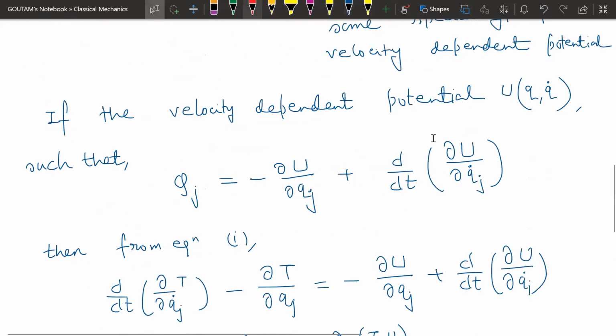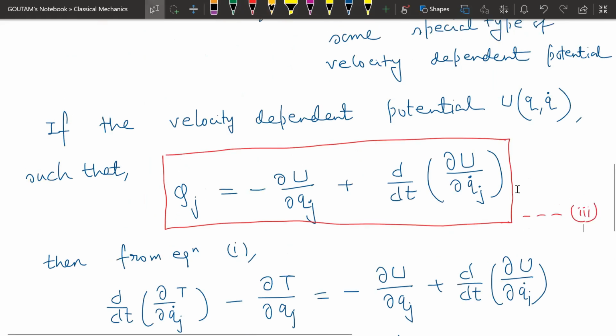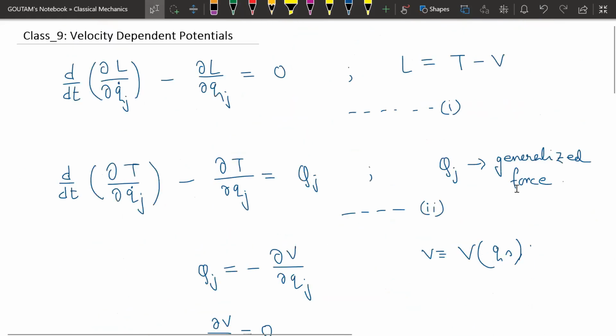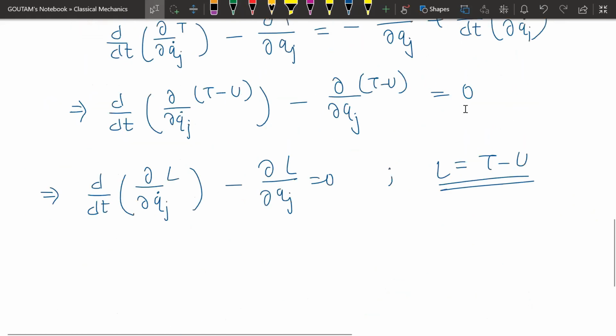So if the velocity dependent potential gives a generalized force like this, let's call it equation 3, only in those cases can we treat them in the framework of this Lagrangian equations of motion. Why are we so bothered about that?